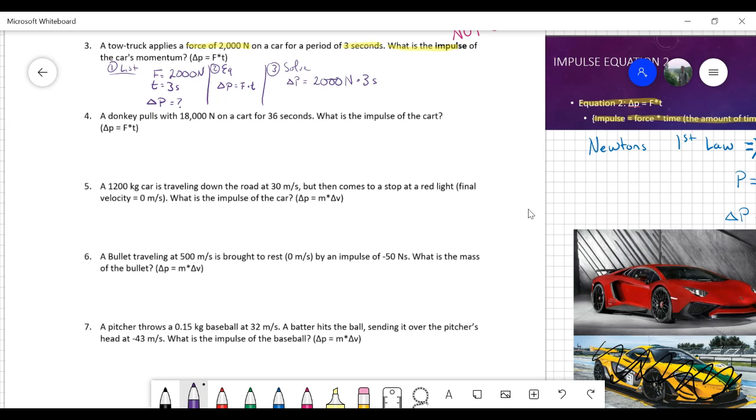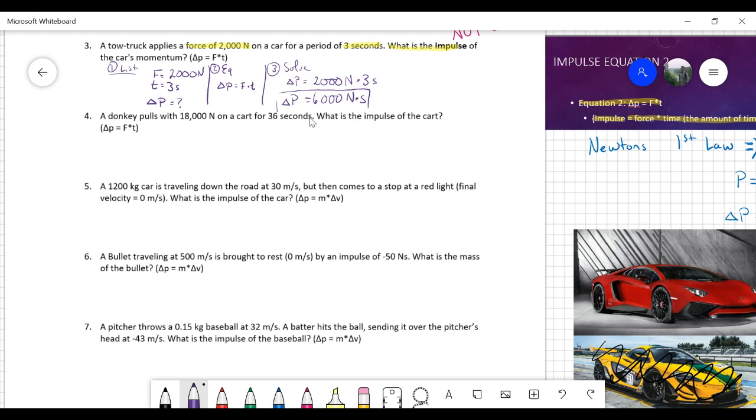Okay, so 2,000 times 3, that's 6,000 newtons. Alright, and we're multiplying newtons by seconds. So there we go. Just kind of put it the way it is. And there's your answer. Pretty simple.